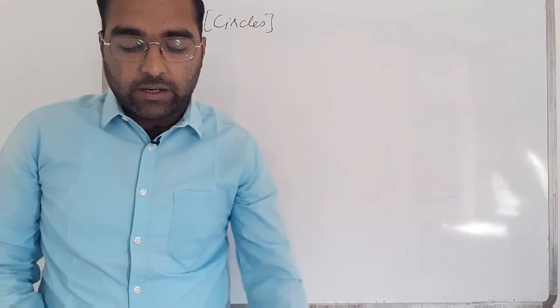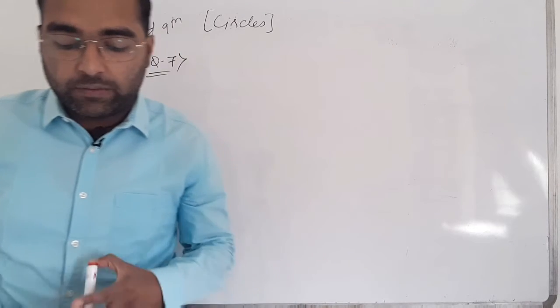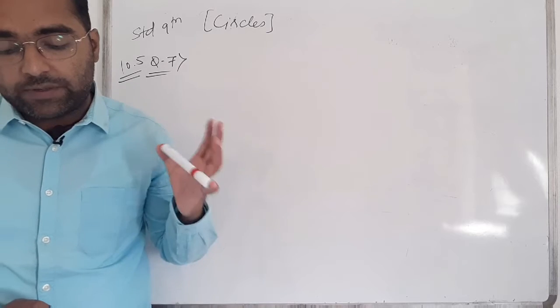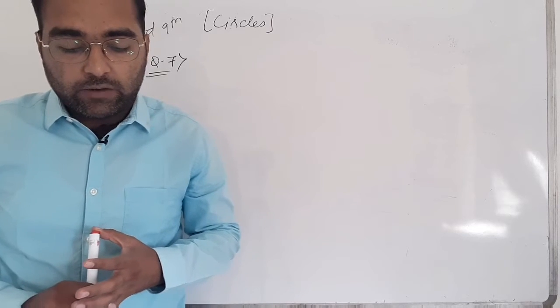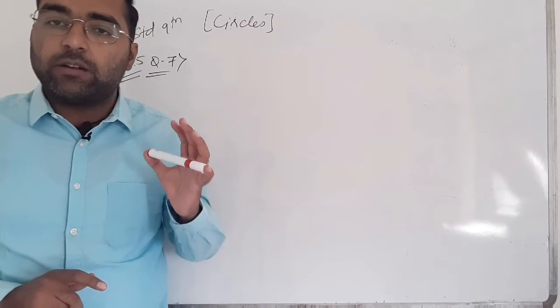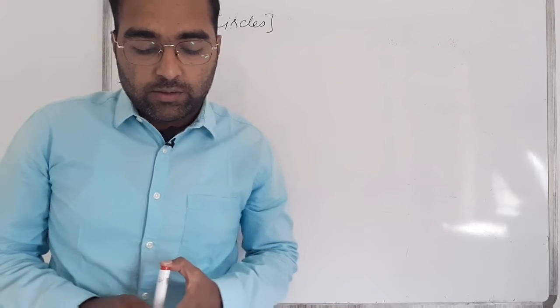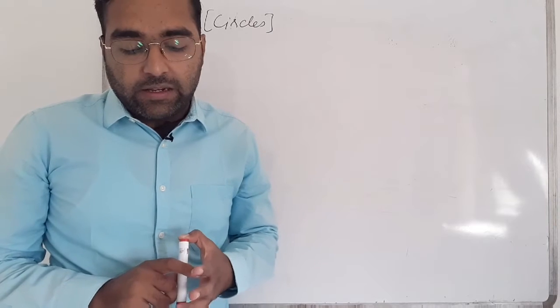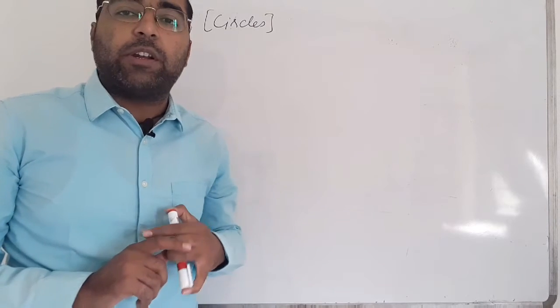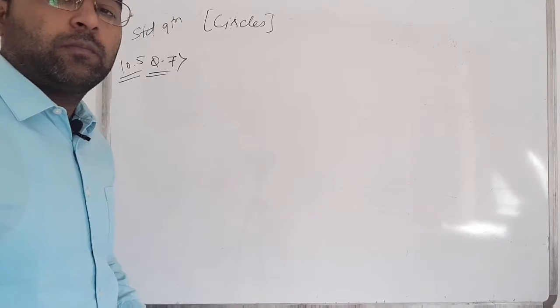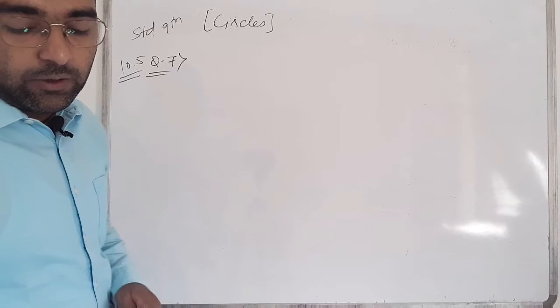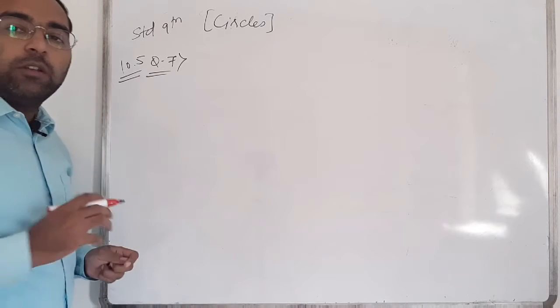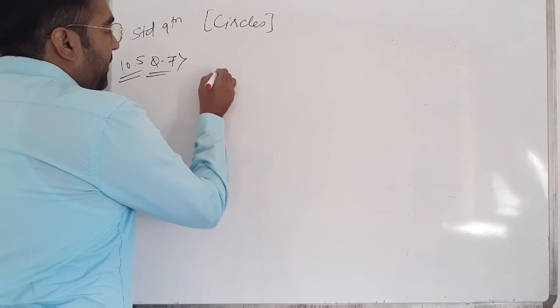If the diagonals of a cyclic quadrilateral are diameters of the circle through the vertices of the quadrilateral, prove that it is a rectangle. So the diagonals of the cyclic quadrilateral are diameters. Clear? Here we first have to draw the cyclic quadrilateral.